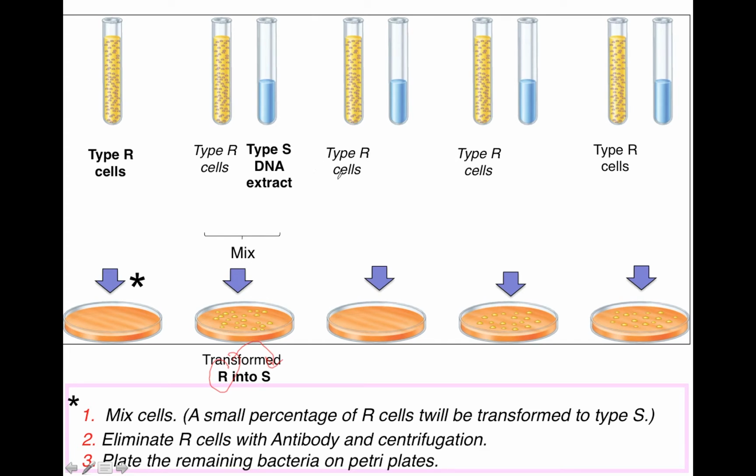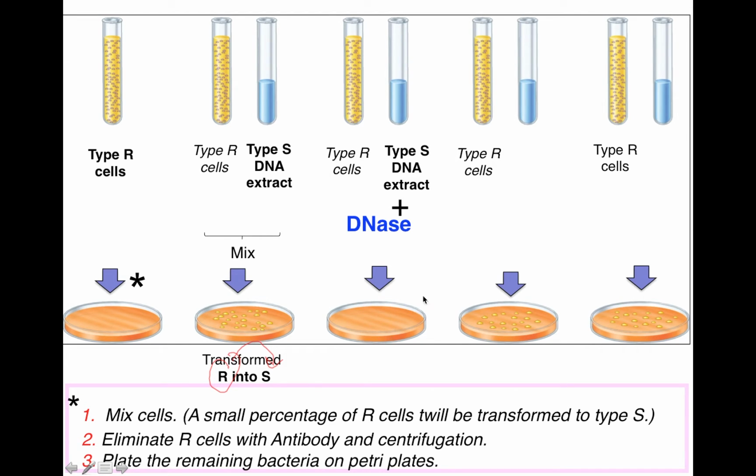So, Avery, McCarty and MacLeod treated their extract with DNase. That would destroy all the DNA in their preparation. And when they completed this experiment, they got no transformation, indicating that indeed it was the DNA in this prep that was transferring the genetic information from the S cell extract into the R cells and transforming the R cells into S cells.